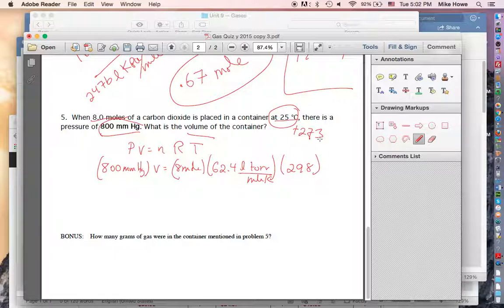You got a pretty big number, 148,762. Units, notice how moles are gone. Kelvin's gone, they're canceled. So all I have left is liter torrs.